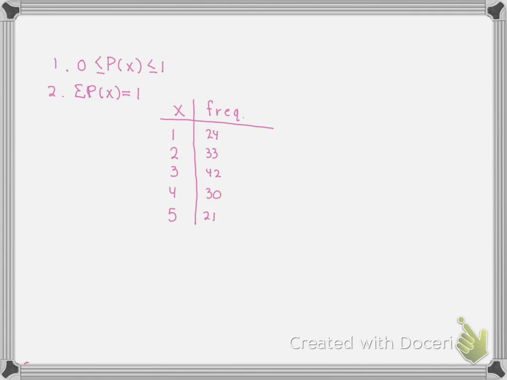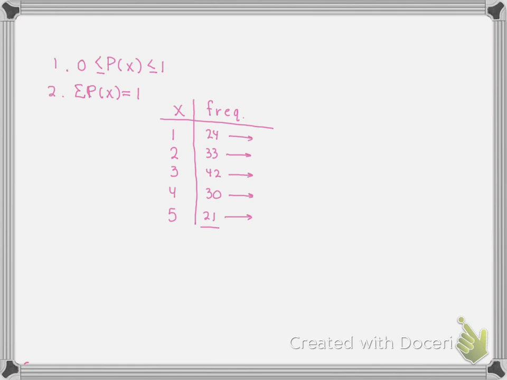Now, what we need to do with that is figure out the relative frequency. But in order to do that, we need to know the total number. So let's just check this. 24 plus 33, 42, 30, and 21.